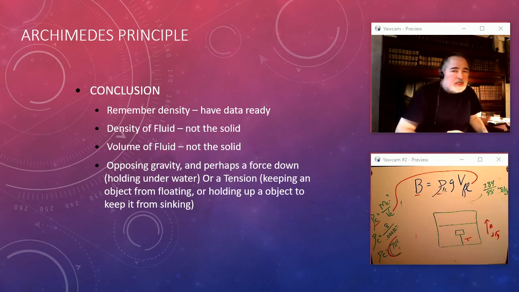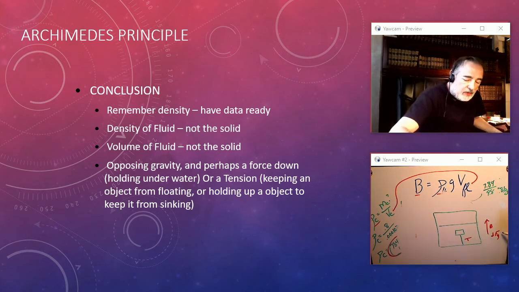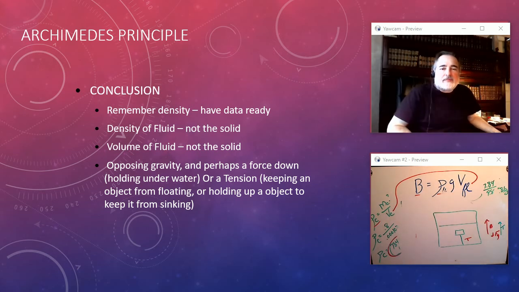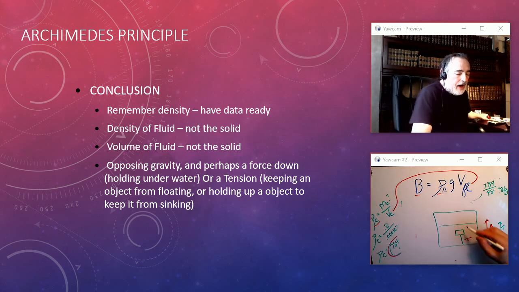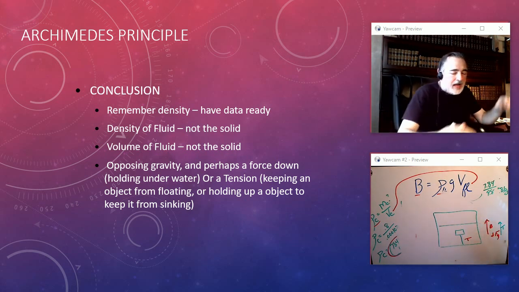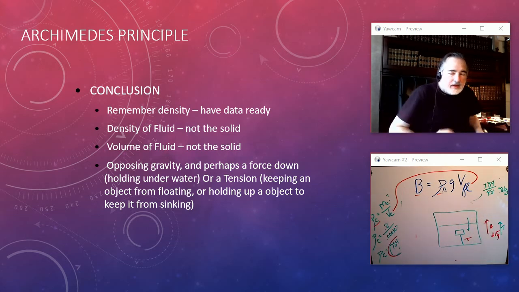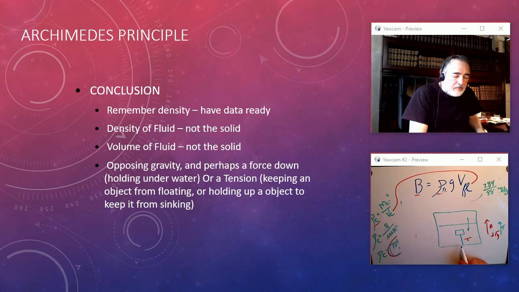A cork doesn't weigh much. And hence, in order to have an equilibrium where it's not moving, you have a tension on the rope added to that. So be aware, that's a typical type of problem. Either I'm trying to figure out what kind of force I must place to hold it under, or it's being held under by a rope.